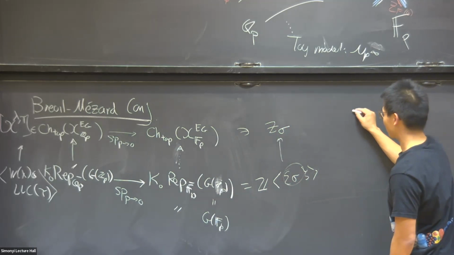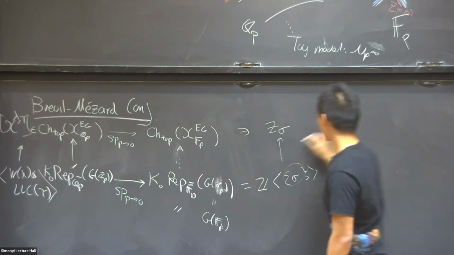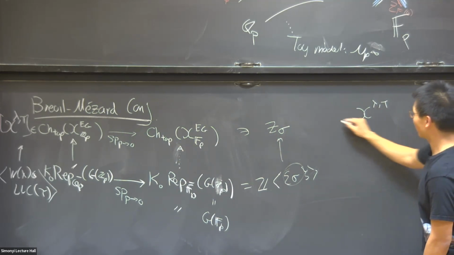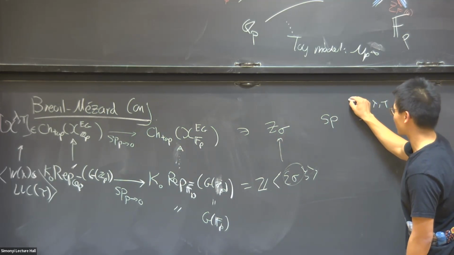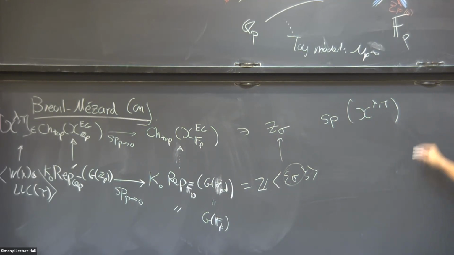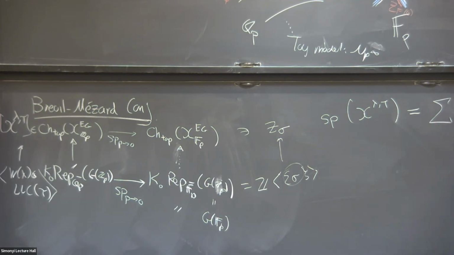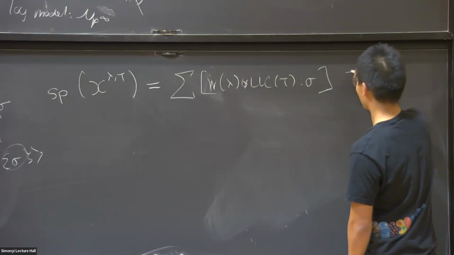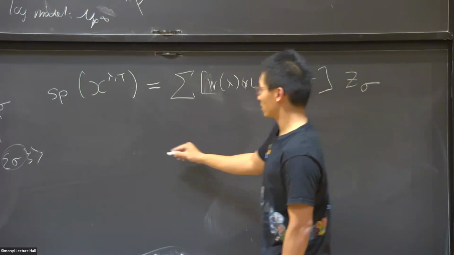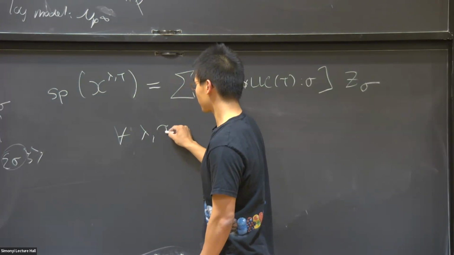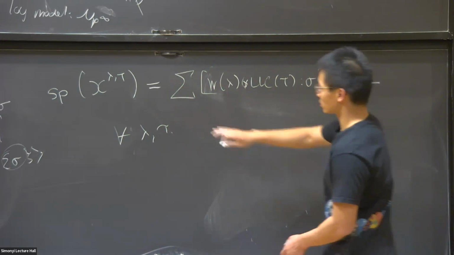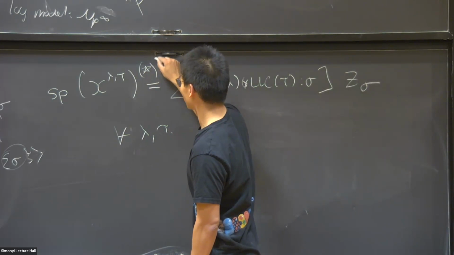Namely, if I take this X lambda tau, and that's on the generic fiber, if I specialize this to characteristic p, then the way it decomposes into these things should match the way that this representation decomposes, for all possible lambdas and taus. So let me call this equation star lambda tau.